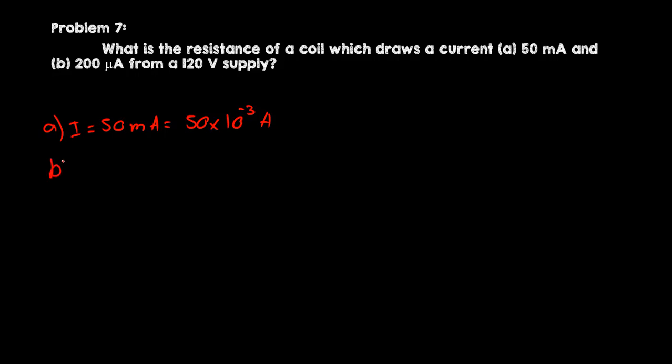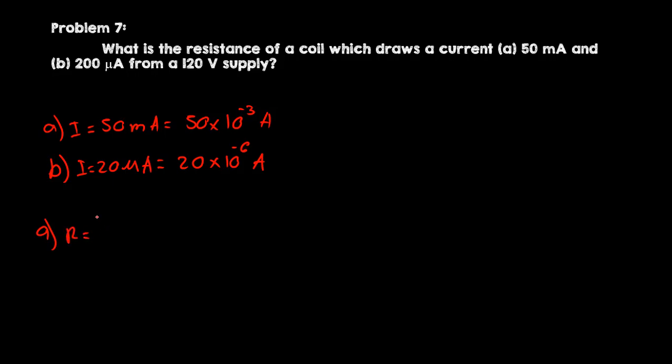And for B, we have a current of 20 microamperes, which is equal to 20 times 10 raised to negative 6 amperes, since micro is times 10 raised to negative 6.